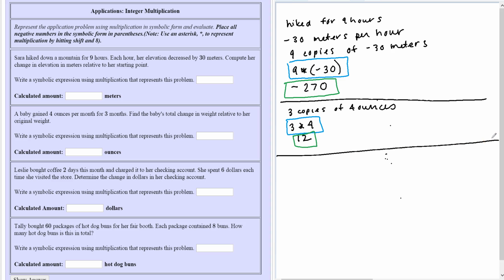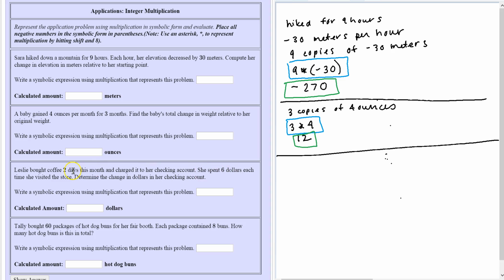Let's look at the next one. Leslie bought coffee 2 days this month and charged it to her checking account. She spent $6 each time she visited the store. Determine the change in dollars in her checking account. So let's see what we're making copies of and what those copies are. It's 2 days this month she spent $6.